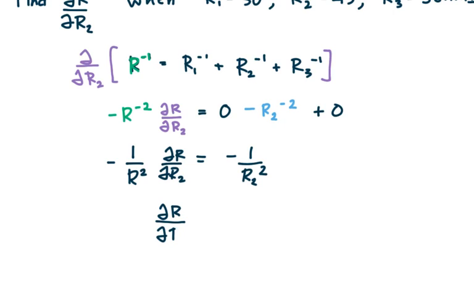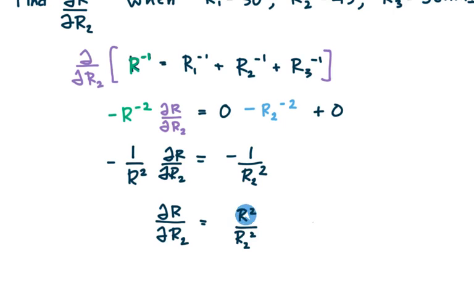Partial R over partial R sub 2 is negative 1 over R sub 2 squared times negative R squared, and those negatives will turn to a positive. This R squared just slides right into that numerator, and there we have this value here.